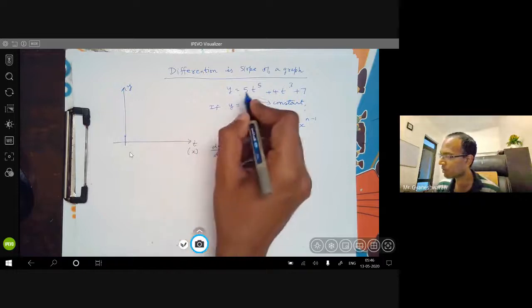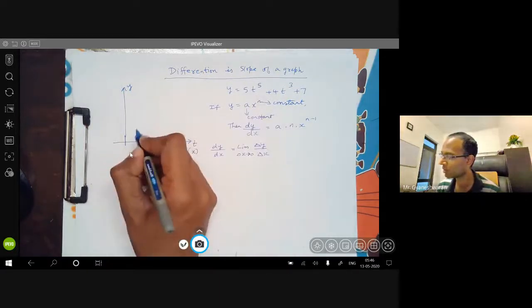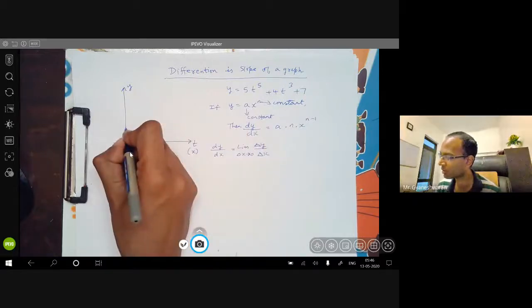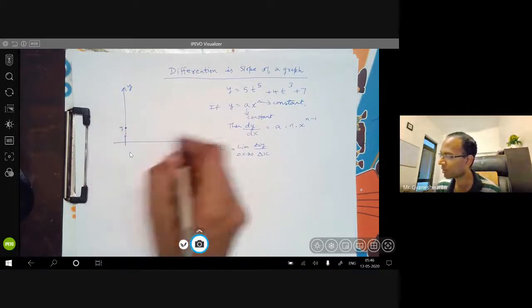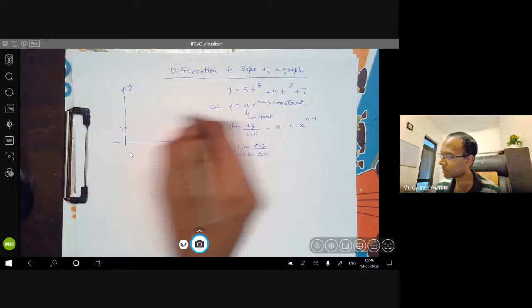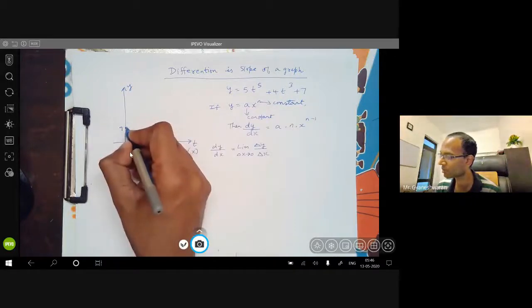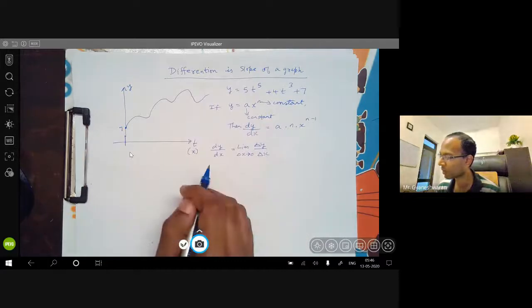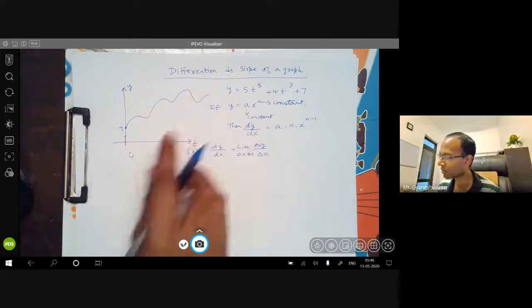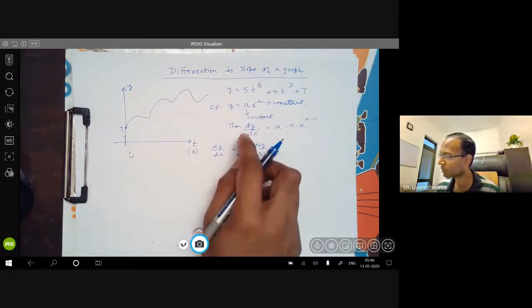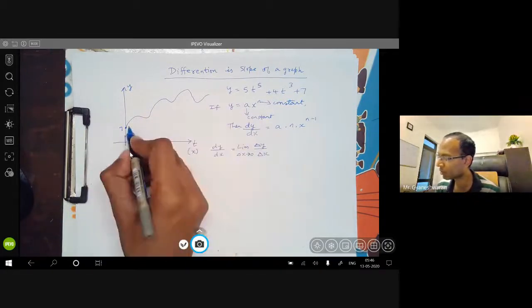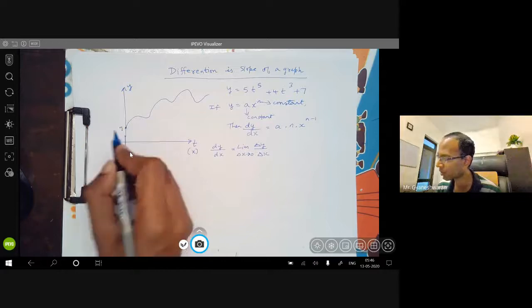So if you have some complicated function, when t is 0, it goes to 7. Let us say this is the 7 value, and then since the degree is 5, it will turn 5 times, I suppose. Something like this. So it's some complicated function. If displacement is like this, the velocity is the slope of this function at that point.